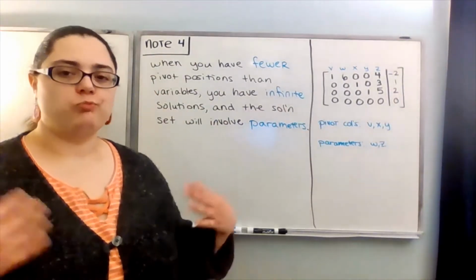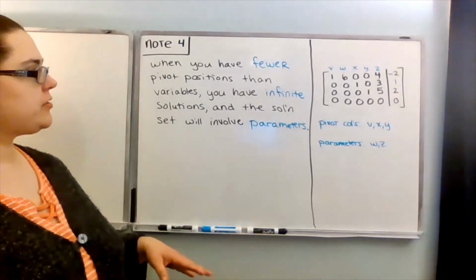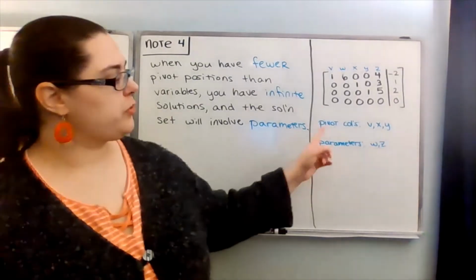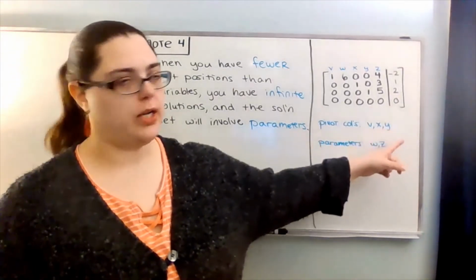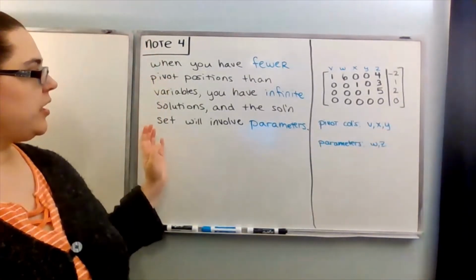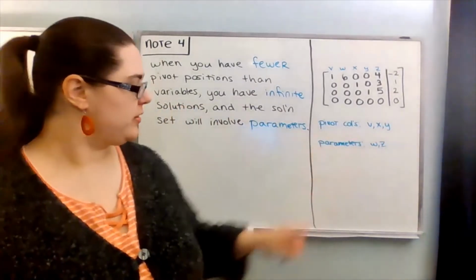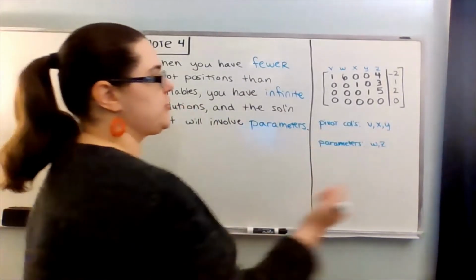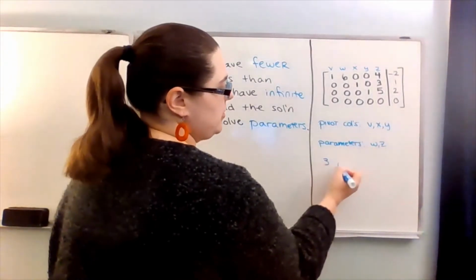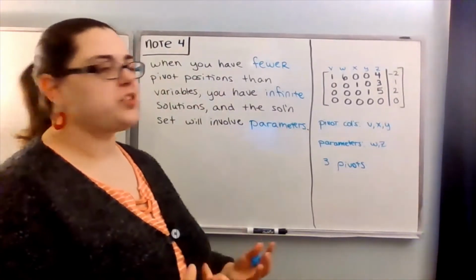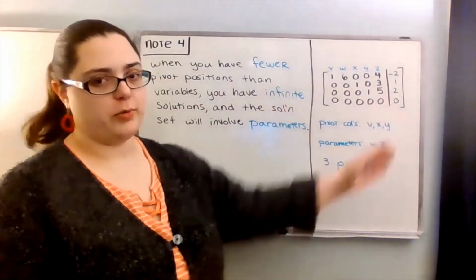Okay, so let's see what this is telling us. So our pivot positions, those were the columns where we had V, X, and Y. And we had more variables than that. We had 3 pivot positions. So we had 3 pivots. But our original equation here had 5 variables.